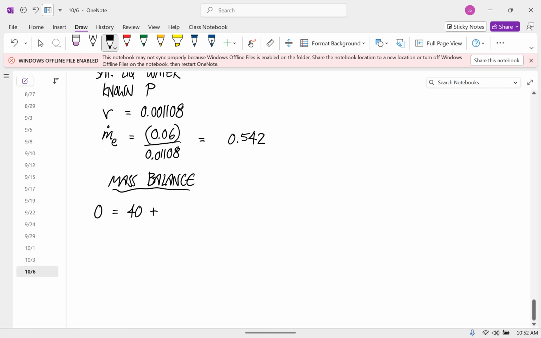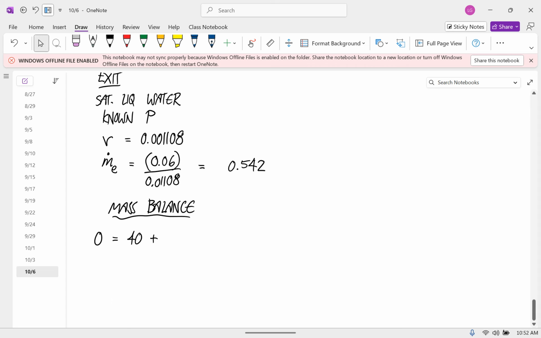You missing a 0 for the mass exit for the specific volume for the dividing? Oh, yeah, you're right. Exit 54. Yeah, I'm missing a couple zeros. Okay, 54.15, let's say.